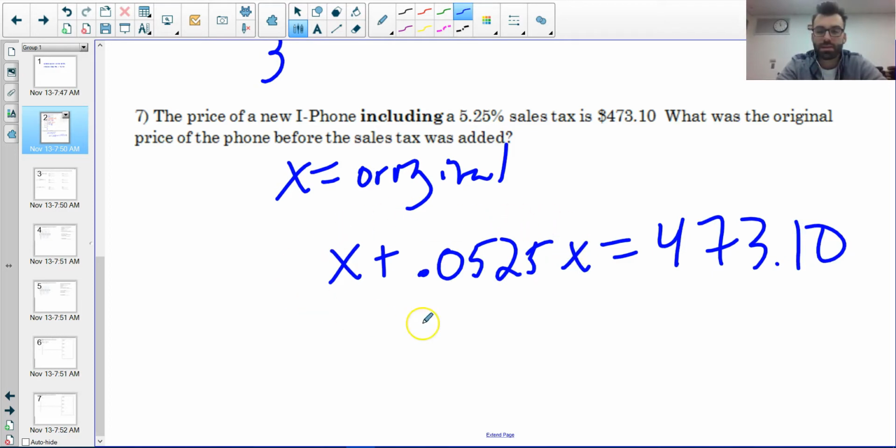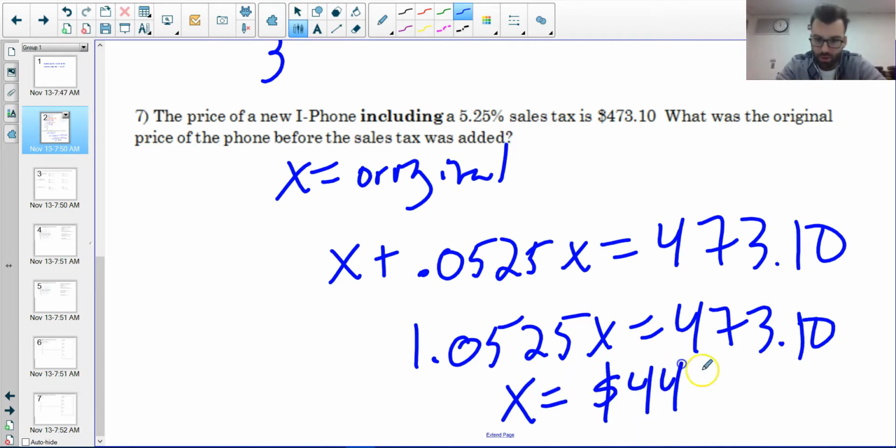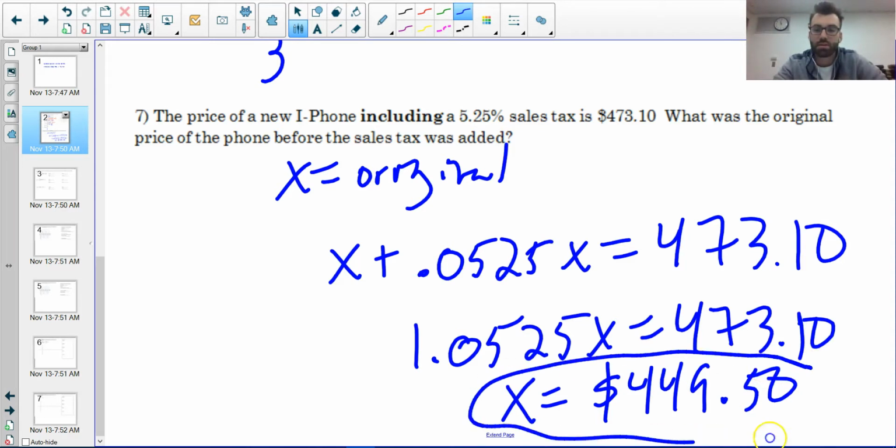Now some of you may be able to skip this step in your head, and that's totally fine. 1.0525x equals 473.10. Divide both sides. X should be, what did I get? 449.50. That is our original price.